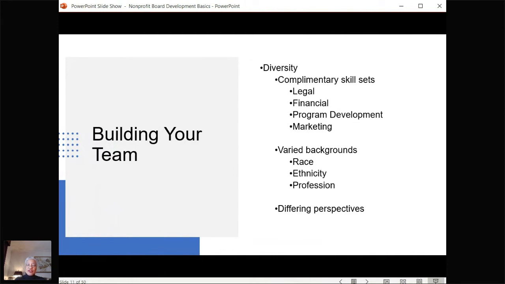You also want to make sure you have people who understand marketing. And then from a racial perspective, you might want to get people who have various ethnicities, they could be Black, white, or Latino, or Asian. You also want to look at backgrounds that vary with respect to profession.